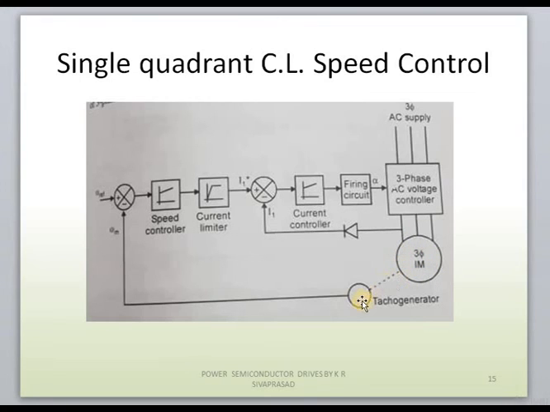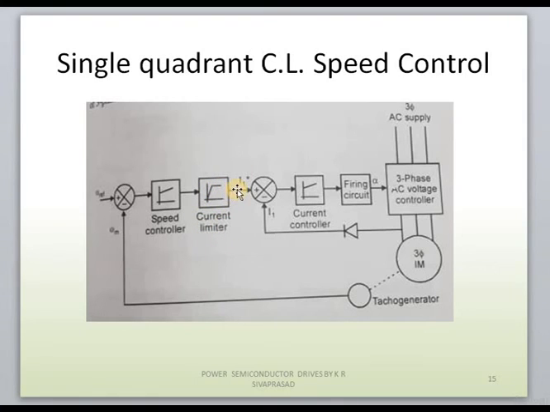We are using a tacho generator. With that, we can detect the actual speed of the machine and compare it with the reference speed. Comparing with the reference speed, the actual speed produces an error signal. That error signal is amplified and passed to the speed controller. The speed controller output signal is given to the current limiter.